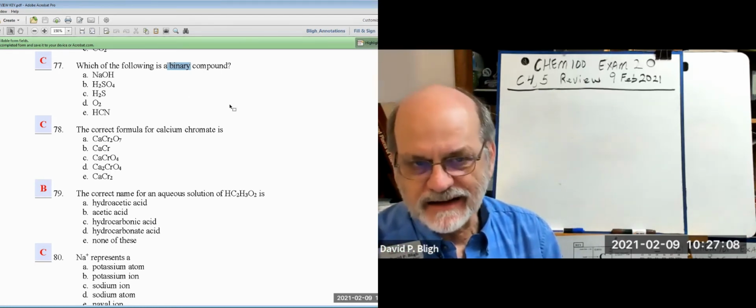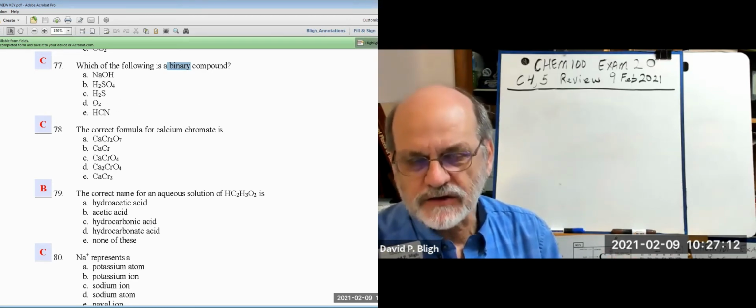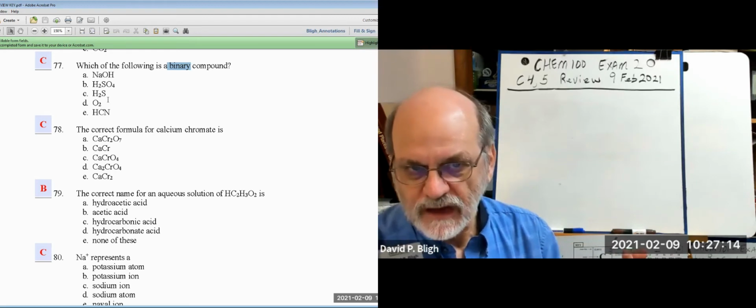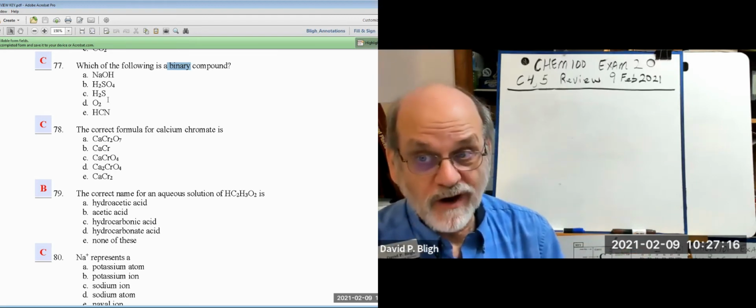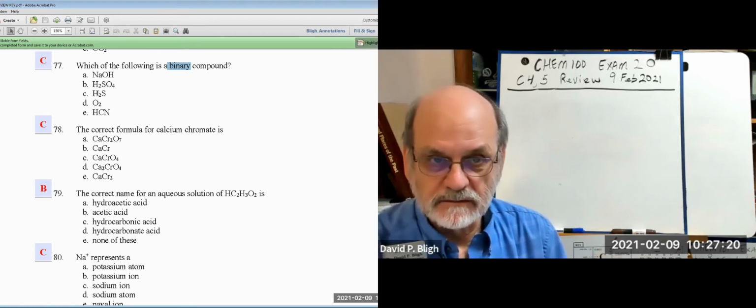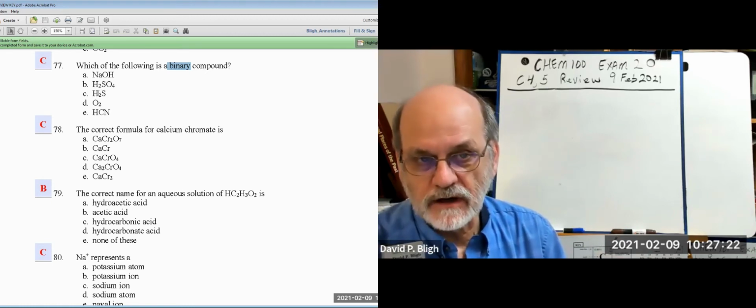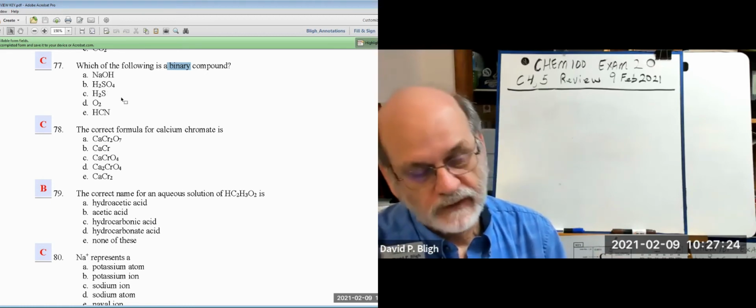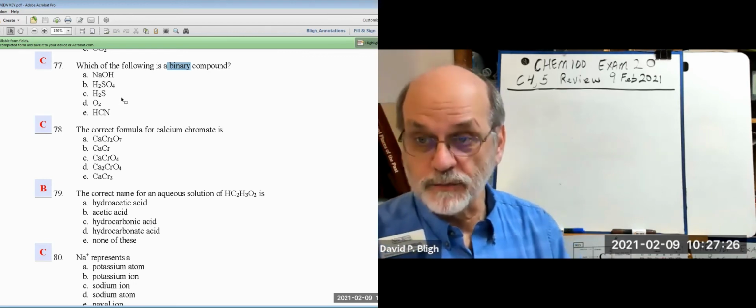And test-taking technique: if you look at the possibilities, and you eliminate oxygen, of course, and there has to be one of them right, the best one is going to be the simplest one. 1 hydrogen, 2 hydrogens and 1 sulfur. That's the way I would approach it.